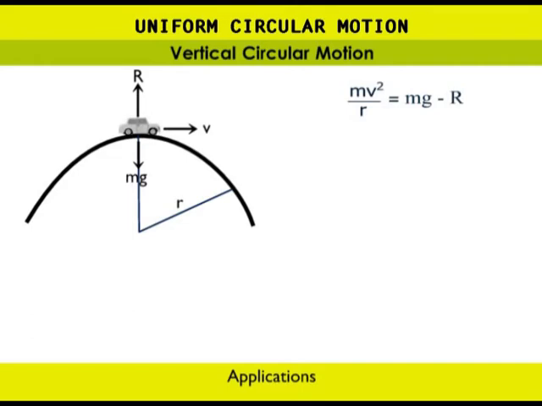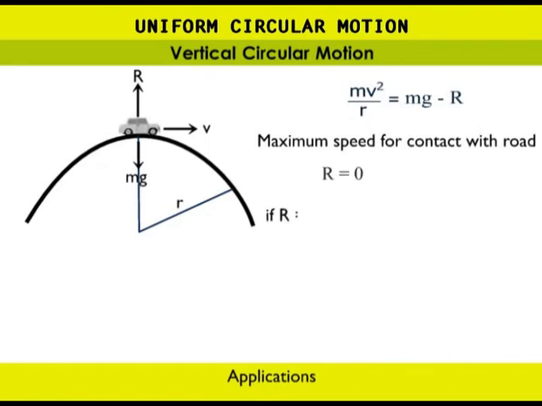At a certain speed, the car would lose contact with the road, and this happens when R becomes 0. If R is equal to 0, then mg is equal to mv squared over r. Cancelling out the m's, g is equal to v squared over r, and rearranging, v is equal to the square root of rg.